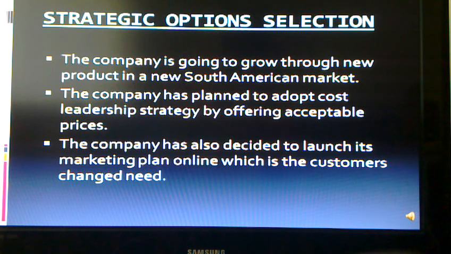For the strategic option selection, we can say that the company is going to grow in the new market with the new product. The company has planned to adopt a cost leadership strategy by offering an acceptable price for the product. Similarly, the company is going to launch its marketing plan using a pull strategy, where the company's customers will be directly associated with the company during the buying process.